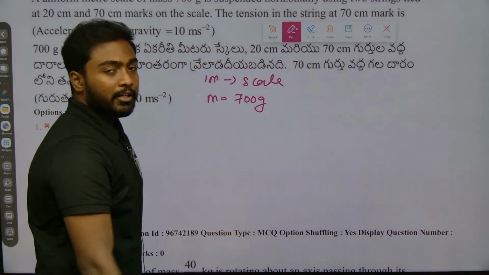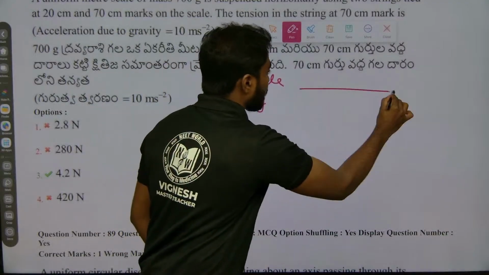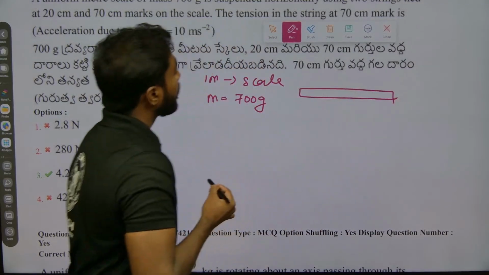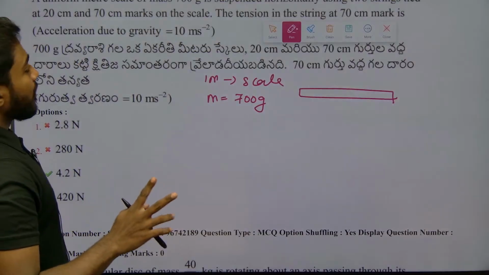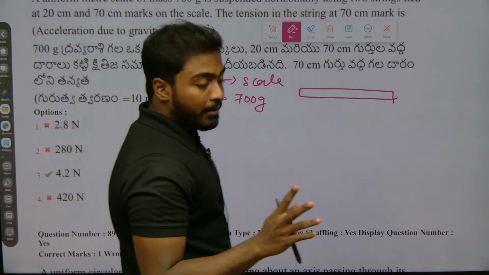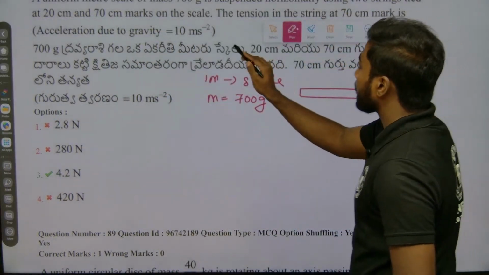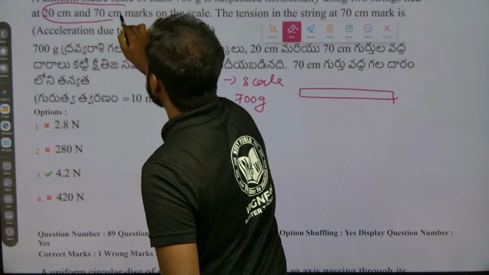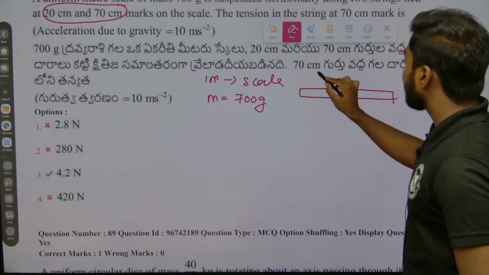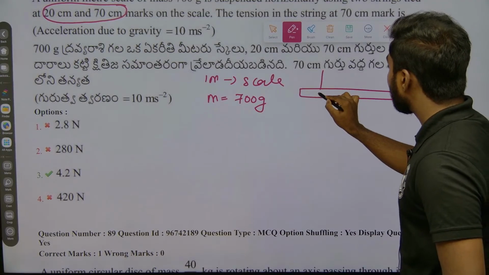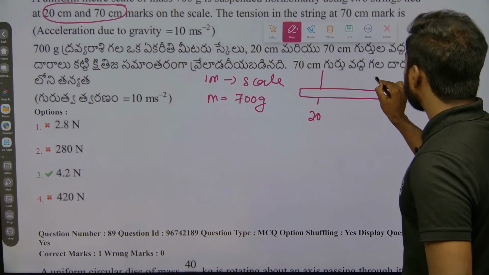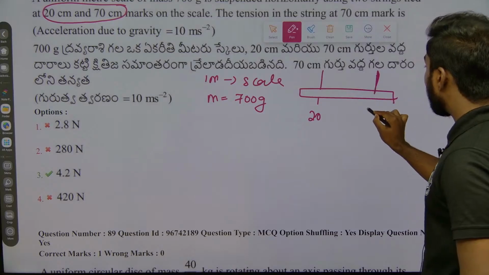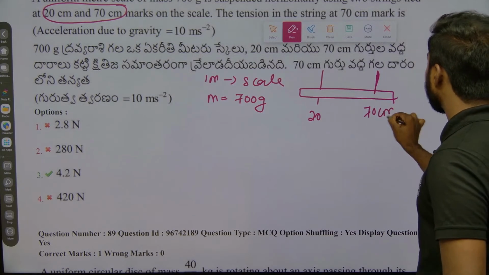Suspended horizontally, using two strings tied at 20 centimeter and 70 centimeter. See here, 20 centimeter and 70 centimeter, like they are suspended at 20 centimeter and then at another string, that is 70 centimeter.